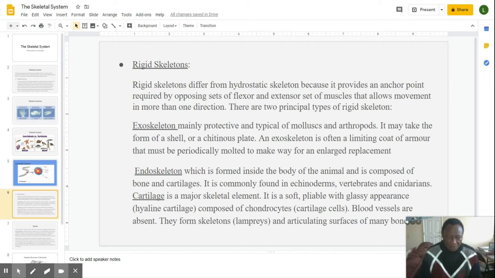Blood vessels are absent. That is why any injury on the cartilaginous extensions like the bridge of our nose takes difficulty to heal because there's no blood supply. Cartilage could form the whole endoskeleton of an animal like a lamprey's, and also can form partially like in humans as articulating surfaces for many of the bones.